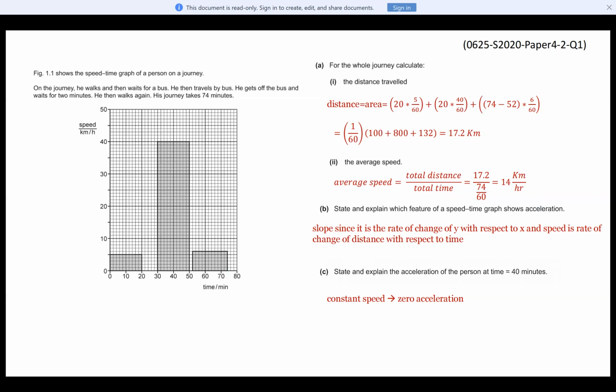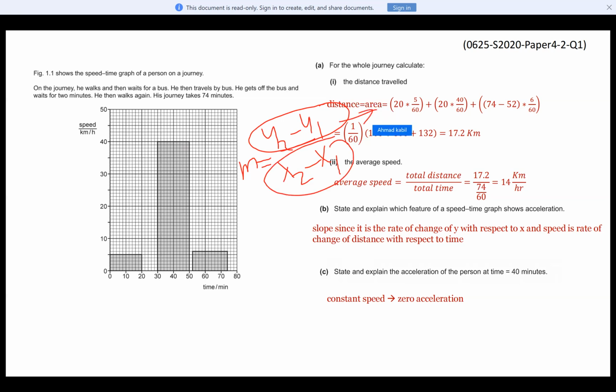State and explain which feature of a speed time graph shows acceleration? The feature is the slope. Of course, we said the slope or the gradient. And the slope expresses acceleration because it's the rate of change of y with respect to x. Remember, the slope is what? y2 minus y1 over x2 minus x1. So it's the change in y over the change in x.